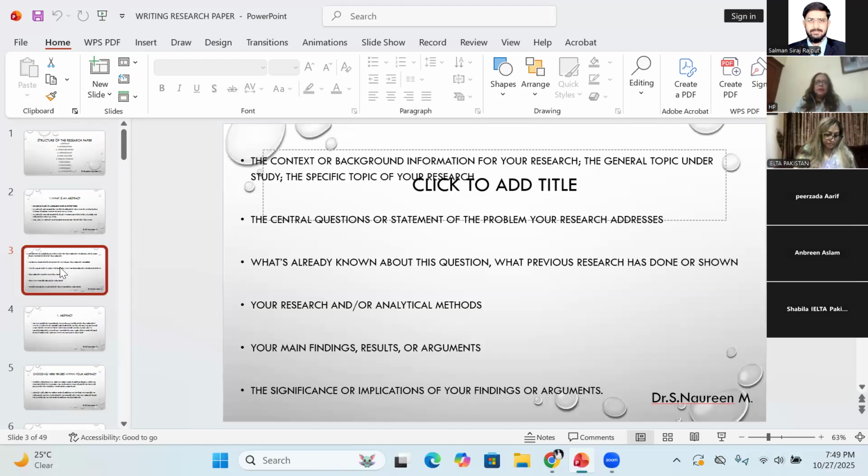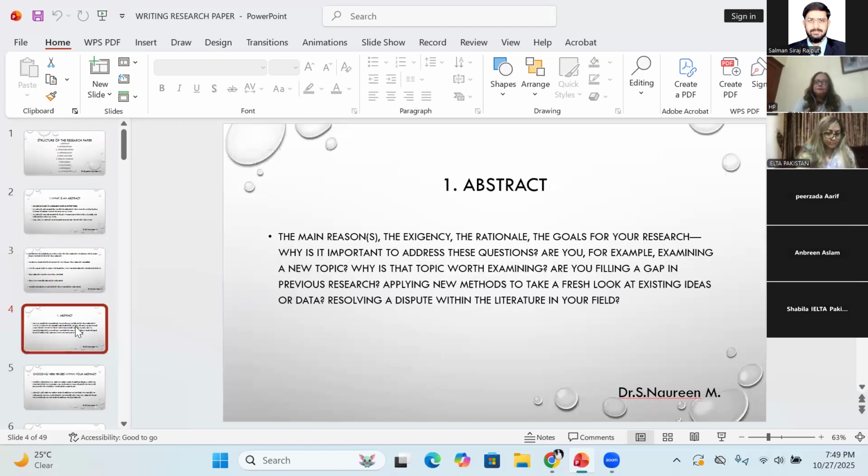The significance or implication of your finding or argument. So, the main reason, the rationale, the goals for your research: why is it important to address these questions, and why have you taken this as a topic? All of this, in a nutshell, briefly, has to become part of your abstract.